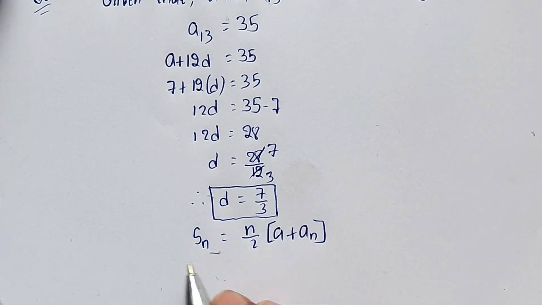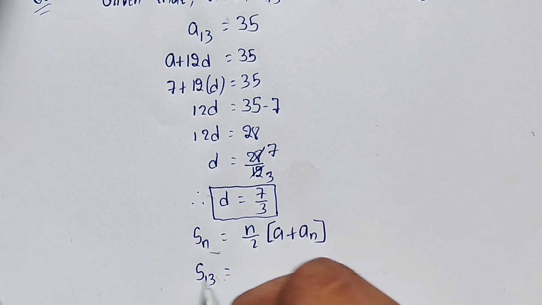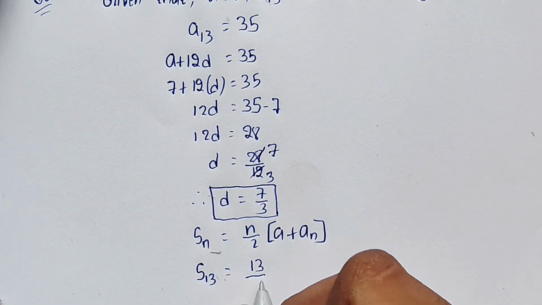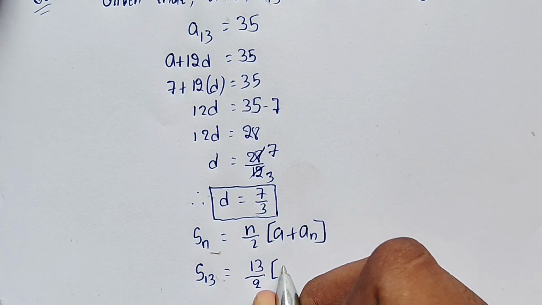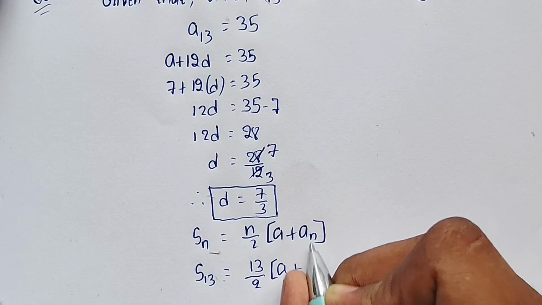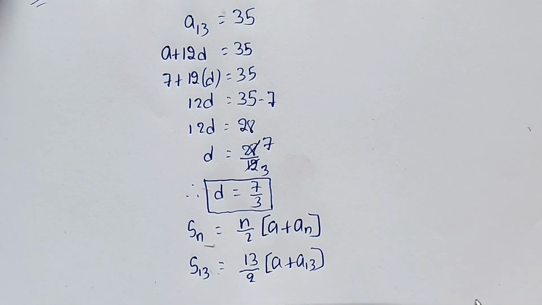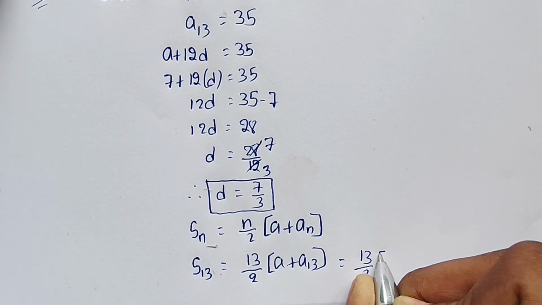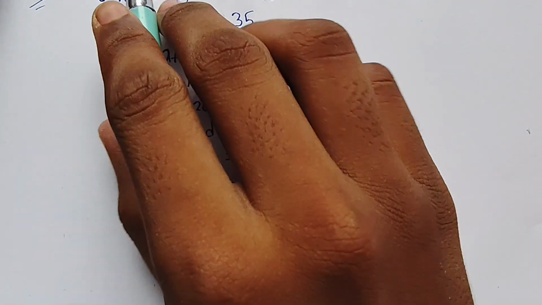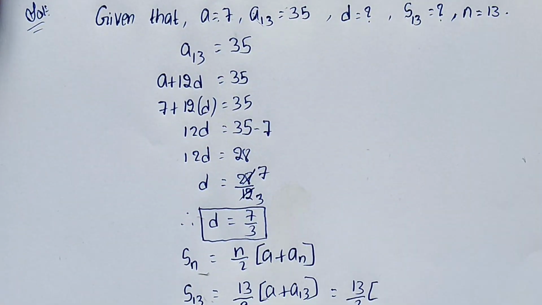So here what he asked to find out, S base 13 is equal to 13 by 2, the value of n is 13, into the value of a plus a base n, which means a base 13. So 13 by 2 into the value of a is 7 and the value of a base 13 is 35.